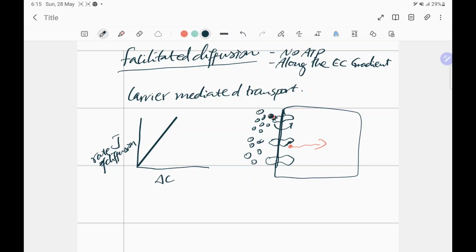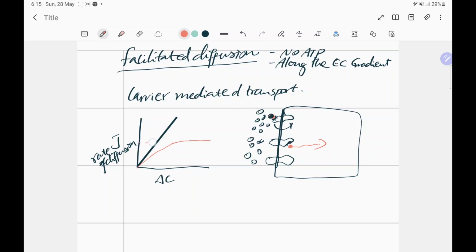There's no limit over there. But let's draw facilitated diffusion in red. As you increase the concentration gradient, you start saturating the limited number of transporters in the cell membrane. But eventually things are going to plateau out over here.